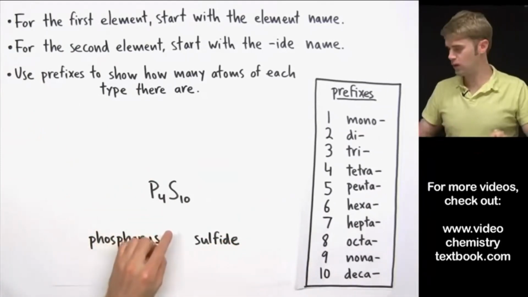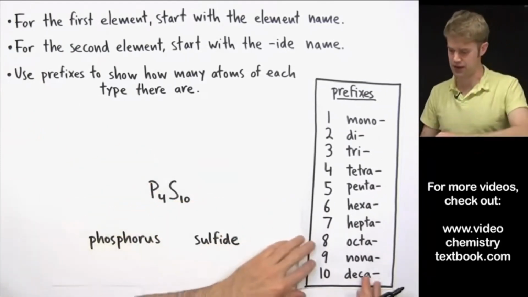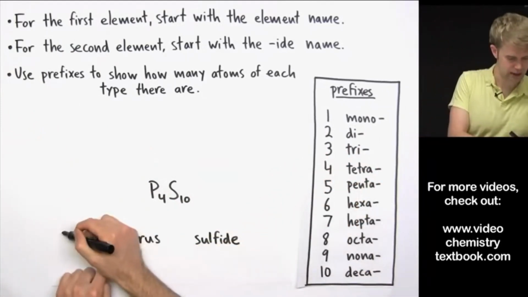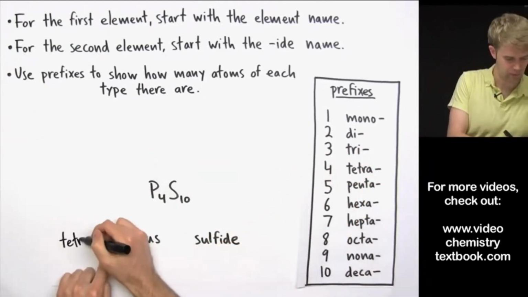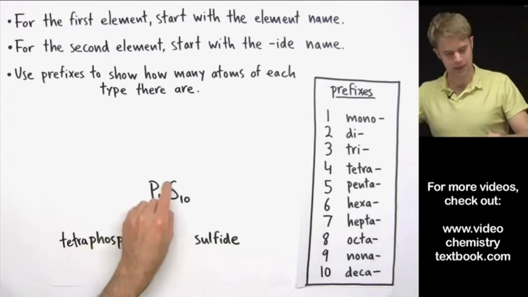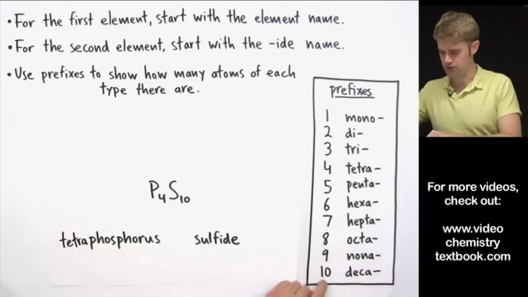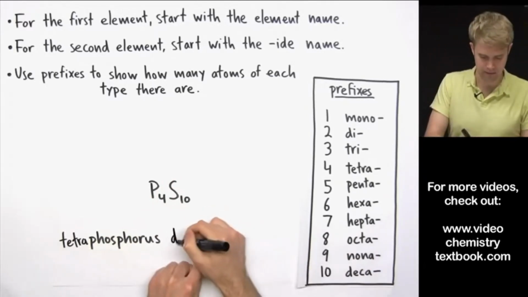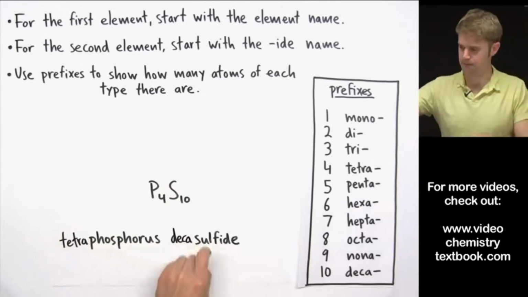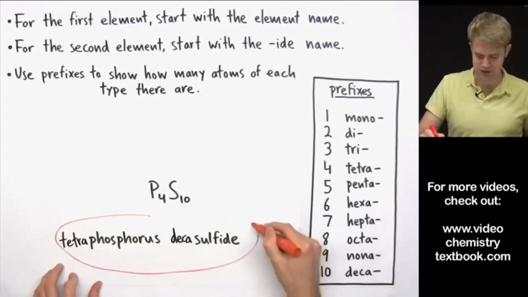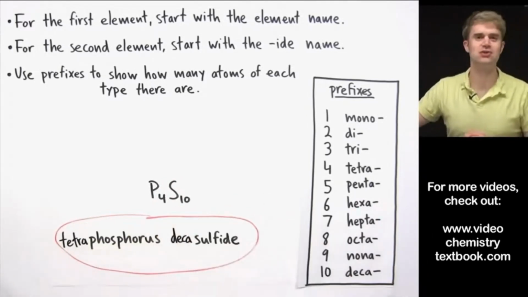We got P4, so that means we have 4 phosphorus atoms. So 4 is tetra. We use the tetra prefix. Tetra. And then for sulfide, we got 10. So we'll use this prefix, deca. Deca. So the name of this compound is tetraphosphorus decasulfide.